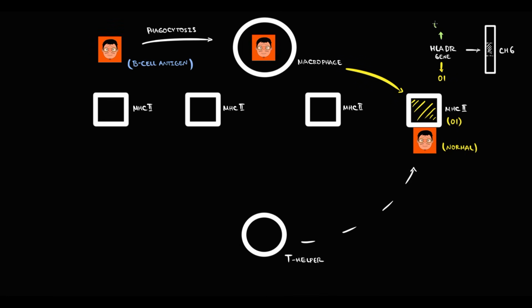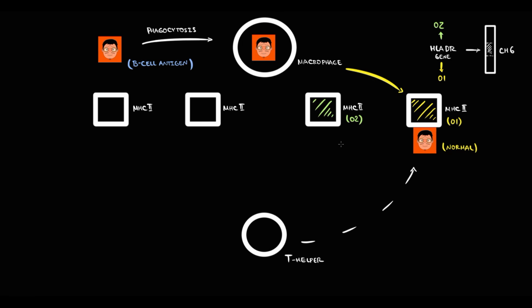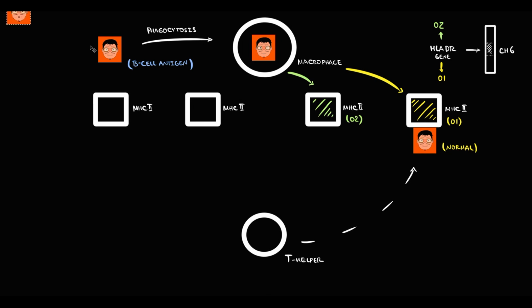If a person has the HLA-DR2 allele, this person will have an MHC2 receptor that was made based on genetic information in the HLA-DR2 allele, and such an MHC2 receptor presents beta cell antigen also in a perfectly normal way. Thereby, there will be no inflammatory response. But some people have the HLA-DR3 allele.